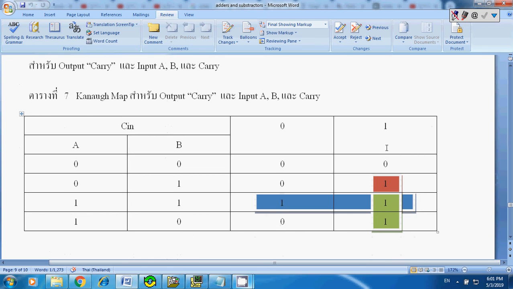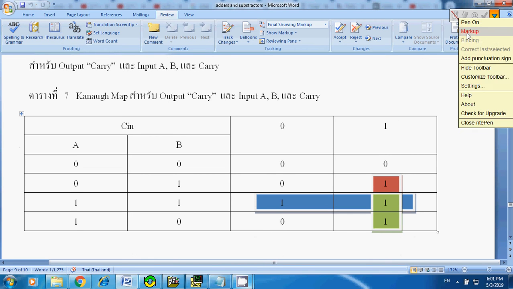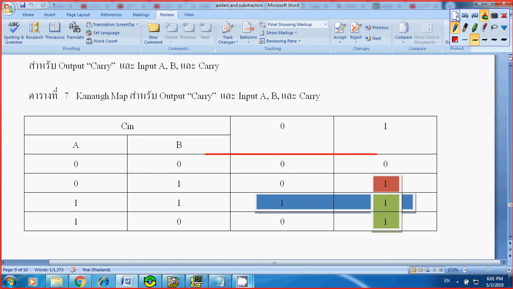And now take a look at the output carry. We can group logic states as one because they are close together. Okay, I will show you.